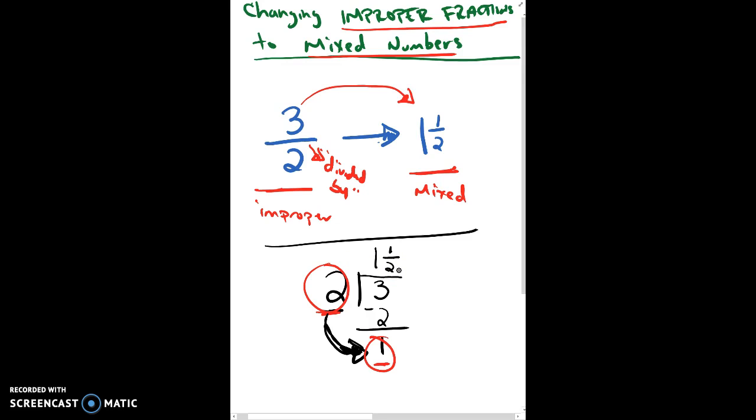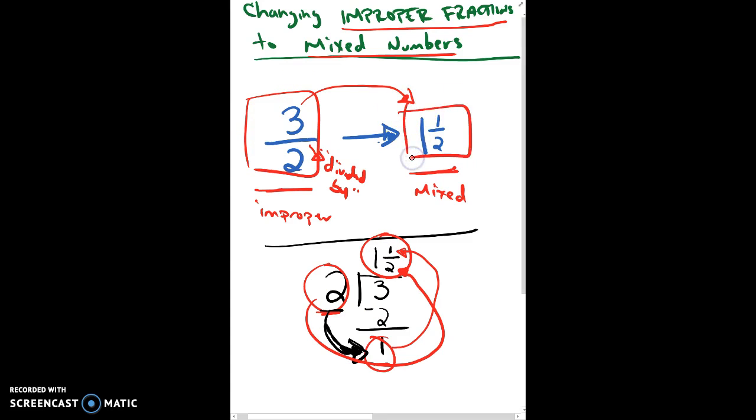And that's how you do it. See that this 1 just became the numerator of the fraction, and this 2 became the denominator of the proper fraction inside the mixed number. And that's how you turn an improper fraction into a mixed number, just by dividing.